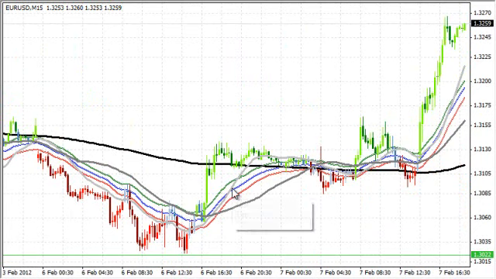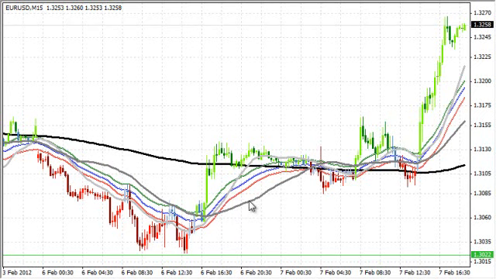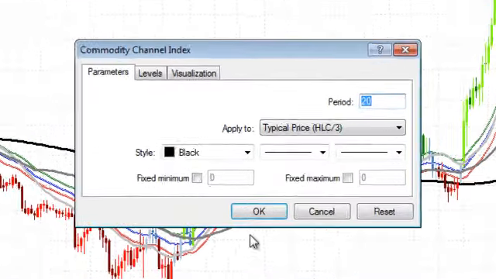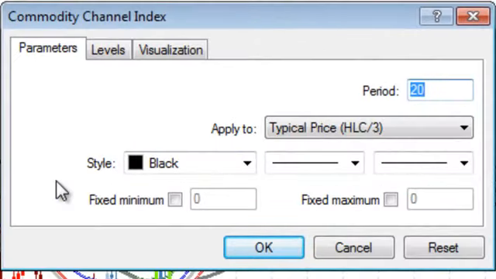I've got a 20 period simple moving average, a 50 period simple moving average, and a 200 period simple moving average on this chart. The CCI, which you can activate by going to the Insert drop-down menu, Indicators, and then the Trend menu.